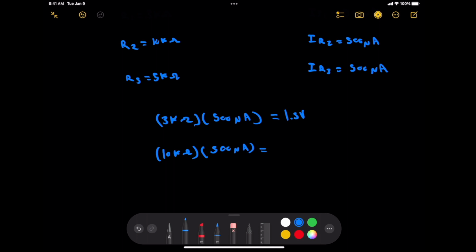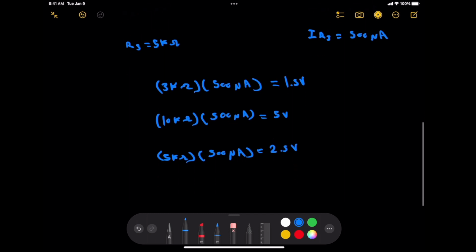And let's do it for the 5K ohms times 500 microamps. Okay. So putting that into the calculator, 10K ohms times 500 microamps is going to be equal to 5 volts, and 5K multiplied by 500 microamps is equal to 2.5 volts.